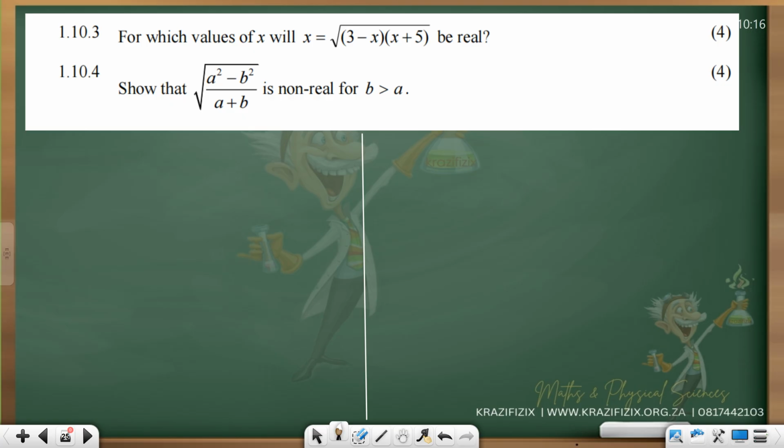For which values of x will x equal all of this? Remember, for something to be real, whatever is under the square root.